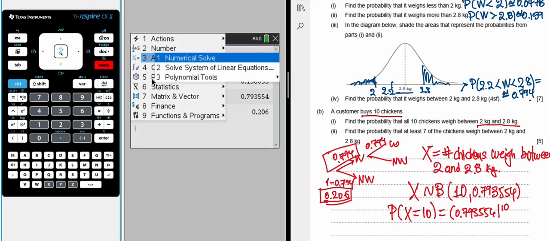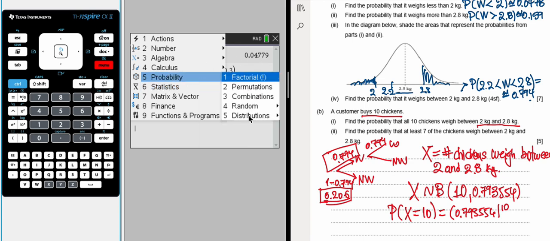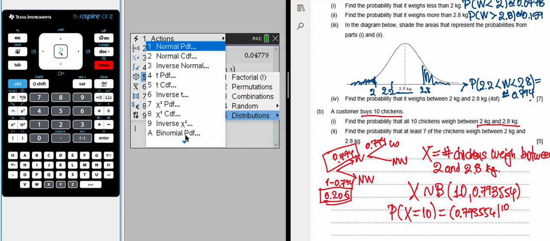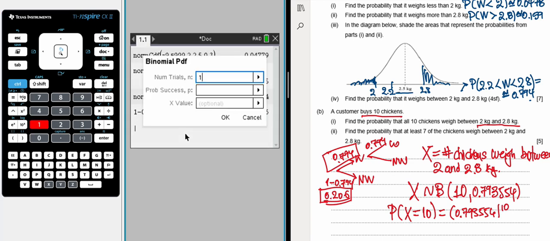So let's go back into probability, then distributions, and here the number of trials is 10, and the probability of success is again 0.793554. So much for making a quicker video, right? I made a mistake and I have to go back, but that's okay. I'm sure everybody makes mistakes.